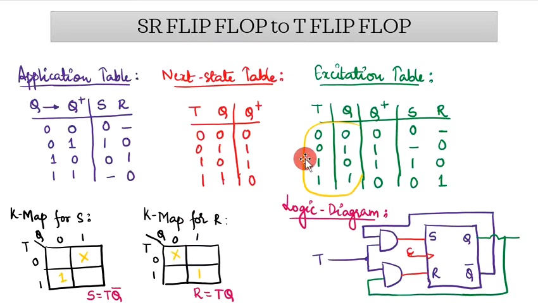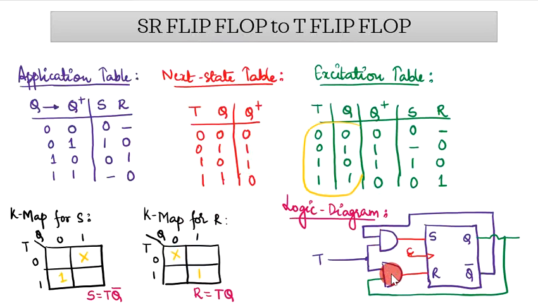Now, since we require to simplify for S and R, we require 2 Karnaugh maps. So we need to map these don't care terms and the min terms. So you get S is equal to TQ bar and R is equal to TQ. Based on that, we will require additional AND gates, and we can convert SR to T flip-flop.